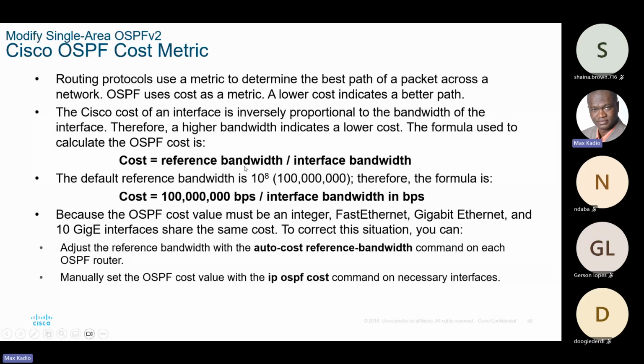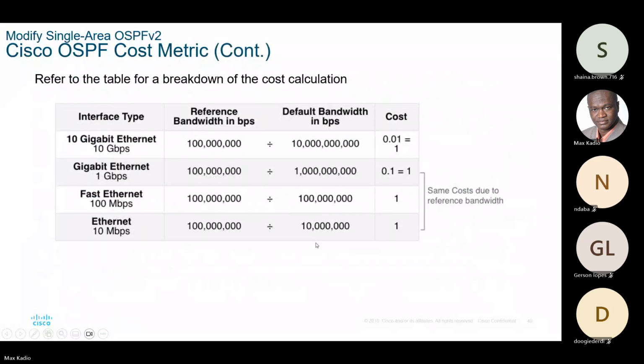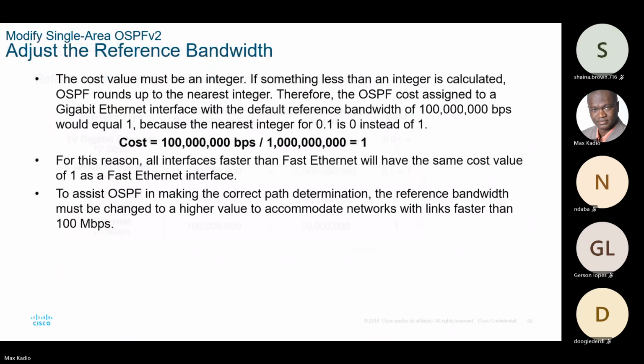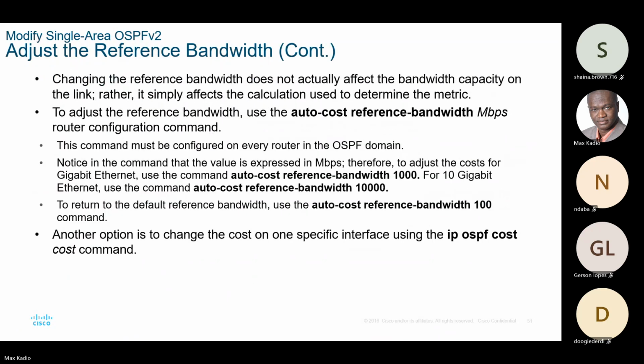Cost is reference bandwidth and interface bandwidth. Auto cost 100.